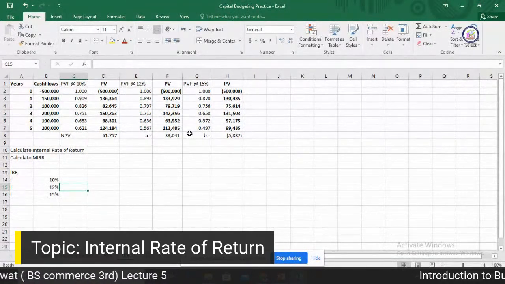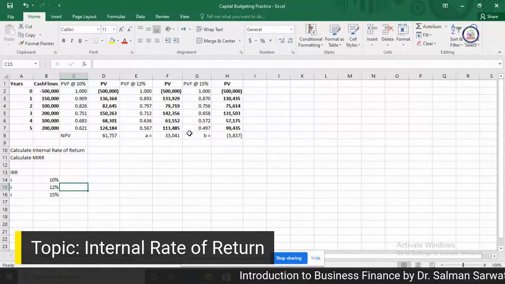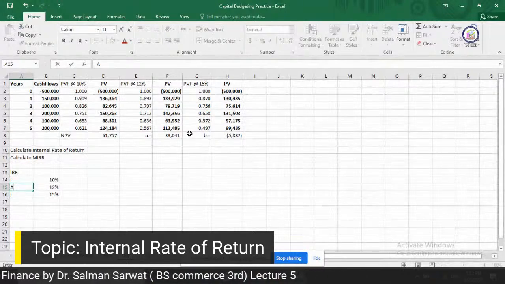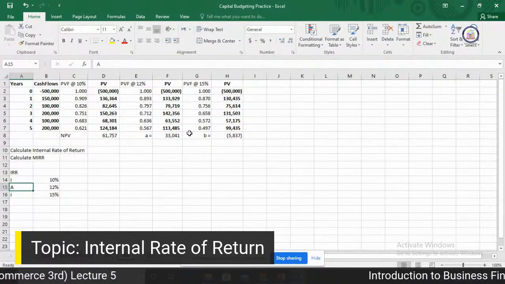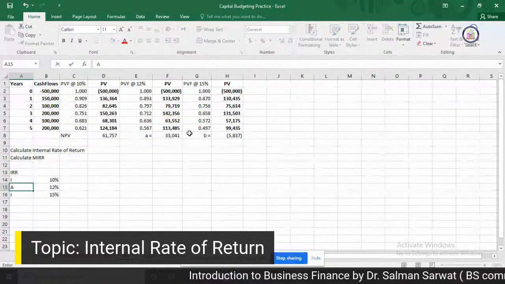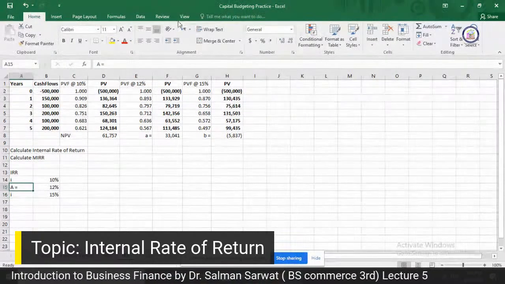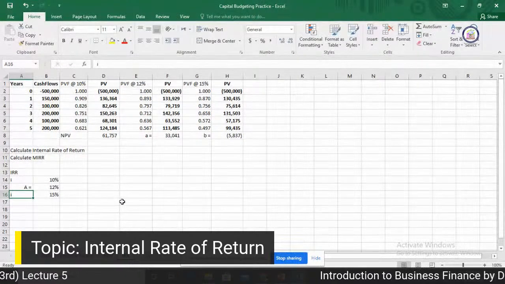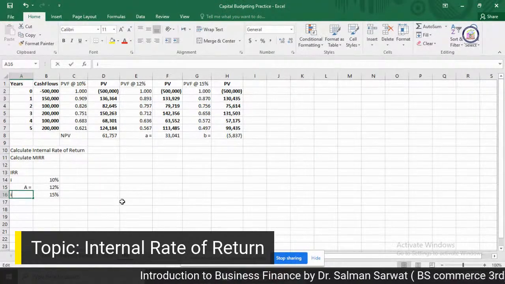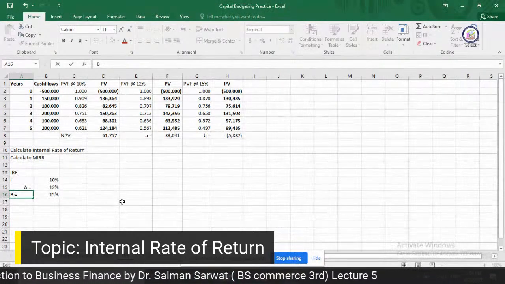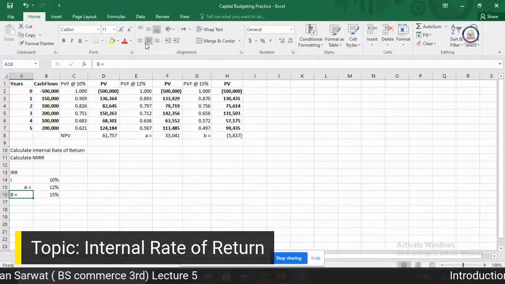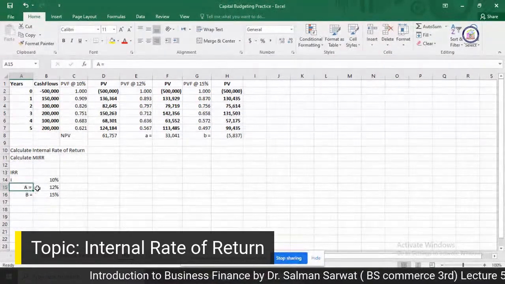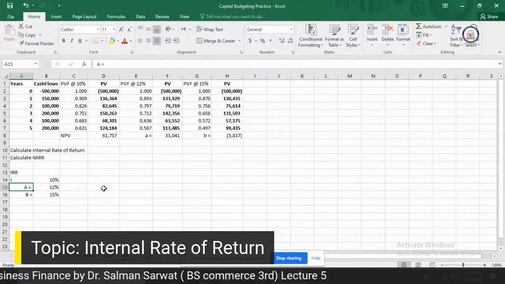So this 12% is basically capital A. Okay, this 12% is capital A. And the rate at which we have negative present value, that is capital B. Okay, so we get all the four values as per formula: what is capital A, what is capital B, what is small a, what is small b.